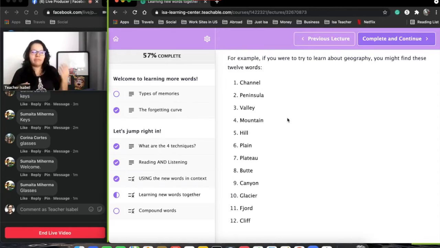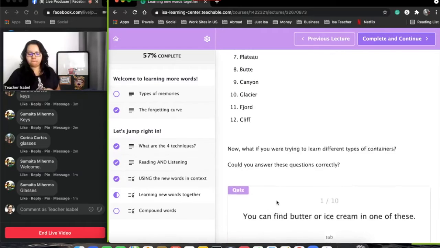You might find more, you might find less. That's okay. I just chose these 12. These are all connected in that they are about the geography of a place. They describe what is in a place. Are there mountains in your country, in your city? Are there plateaus? Like a mountain, but then it's flat on top. So yeah, you get the point.